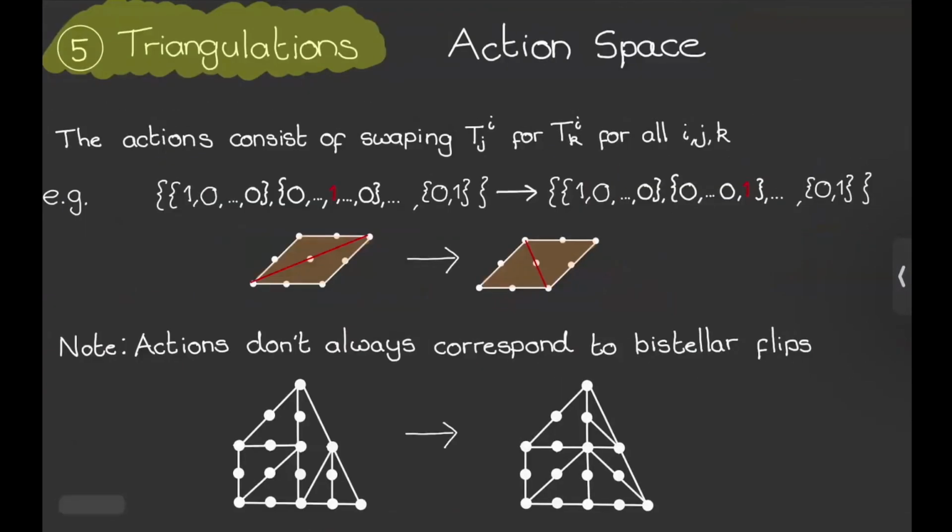And then an action is just swapping the triangulation of one of the two-faces. The diagram I drew here, I didn't want to make it look like it's always a bistellar flip. In this case it is, but you could have some much more ugly looking two-face with a triangulation, and an action is just changing it to another triangulation. It doesn't have to be a triangulation that is close to the one that you started with.